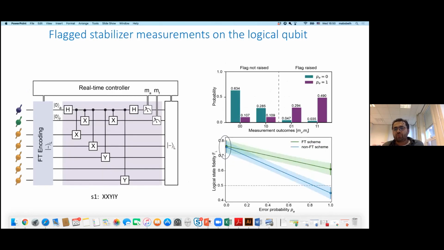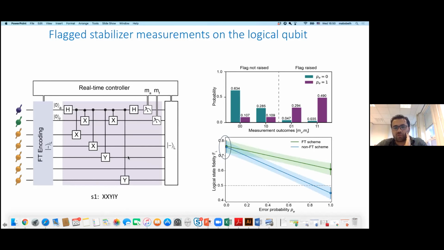So after demonstrating fault-tolerant encoding and gates, we finally demonstrate and characterize a flagged stabilizer measurement on the encoded states. Such measurements, these flagged stabilizer measurements, are the key building blocks for fault-tolerant quantum error correction in this code.